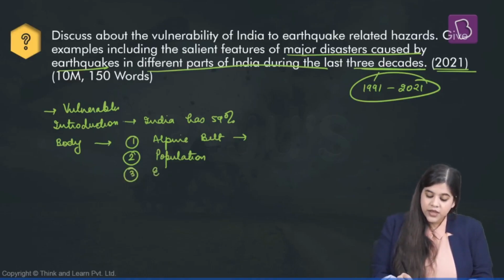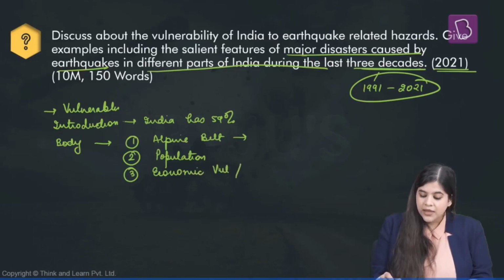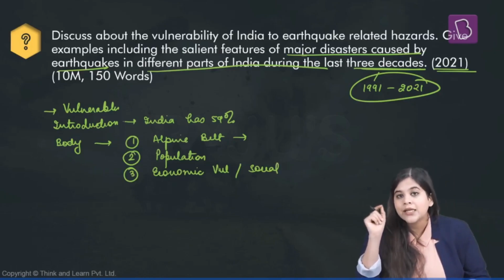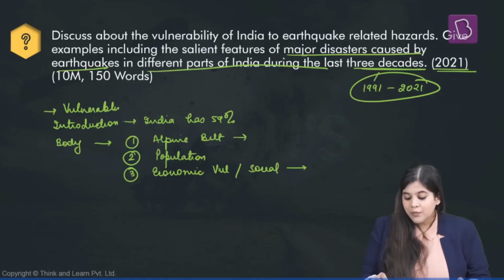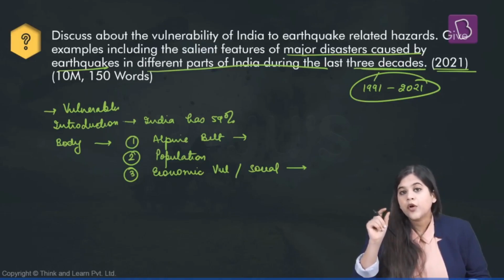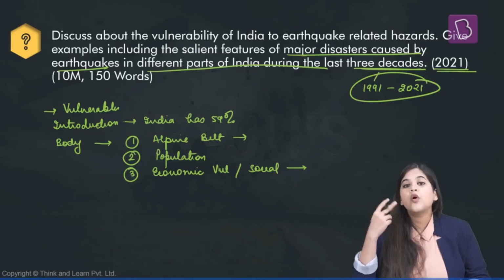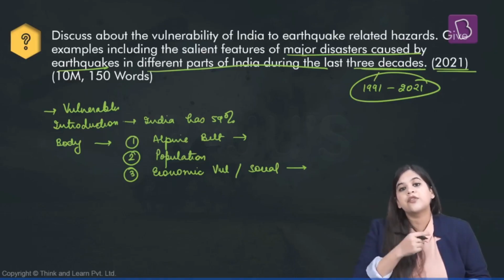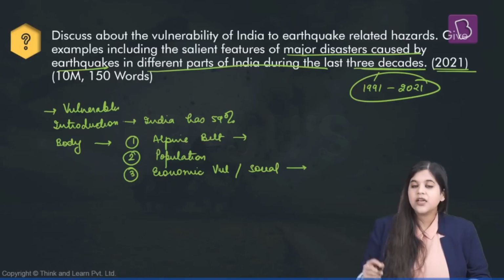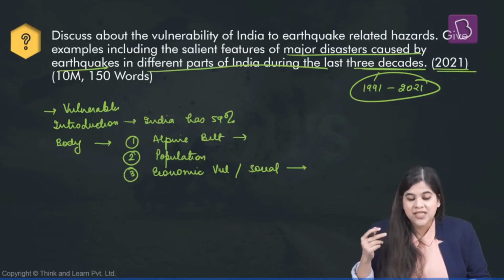Third, the economic vulnerability and the social vulnerability of the people is very high in the country, and that makes it difficult for the people to cope with any such kind of hazard.